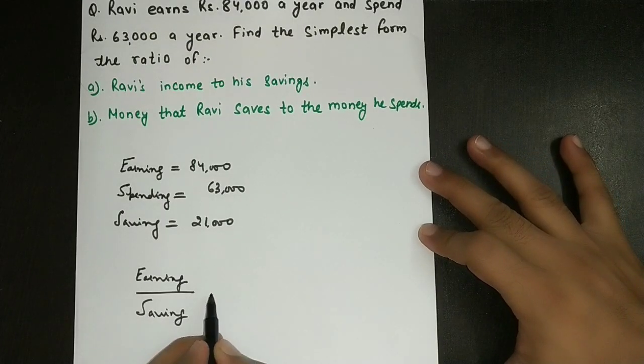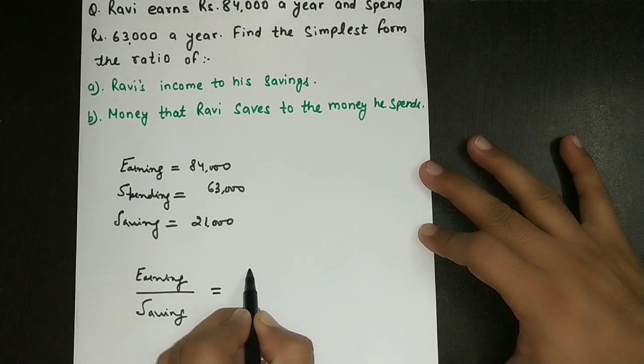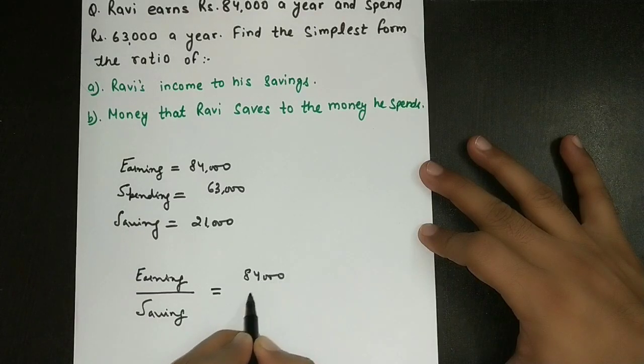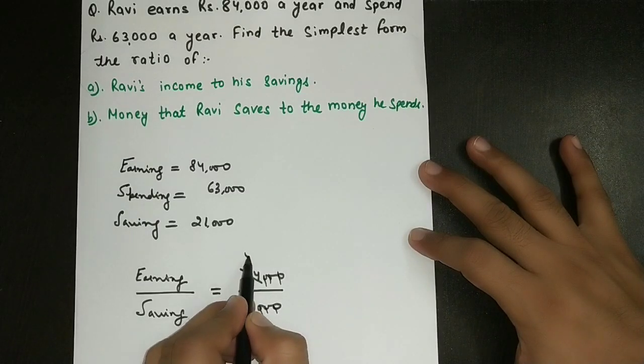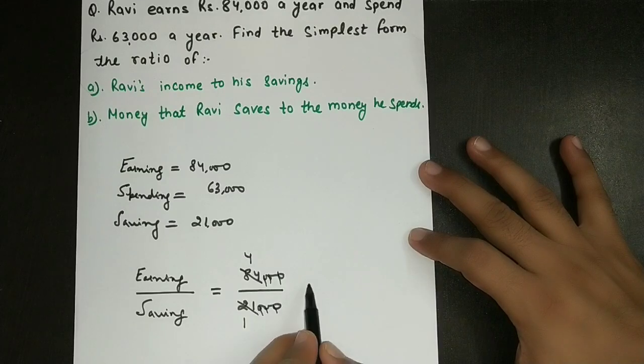So the income is 84,000 and saving is 21,000. We'll cancel all zeros. Now we have 21 and 84. So 21 ones are 21 and 21 fours are 84. Your ratio is 4:1.